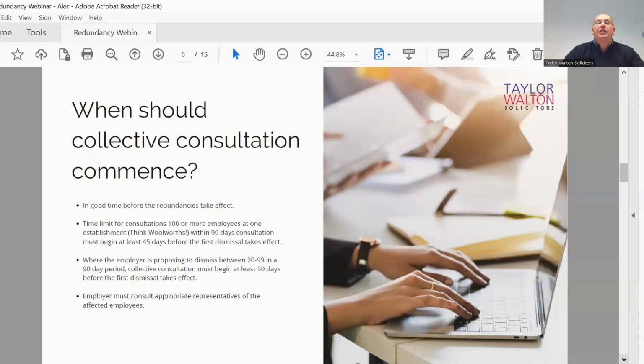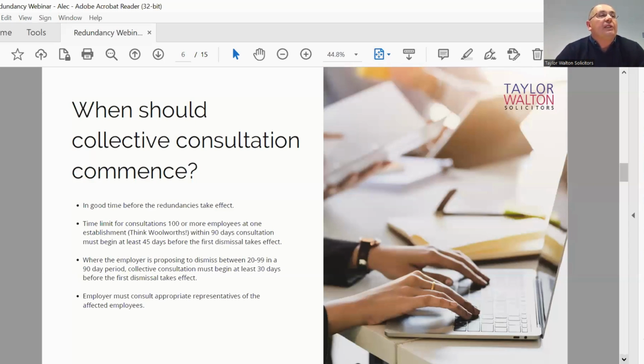In this particular case, a number of Woolworths stores were due to close, so it was a closure of the business, therefore a redundancy situation. The question was, did you look at all the stores due to be closed, or was one establishment just one store? And the court held that the establishment was one store.